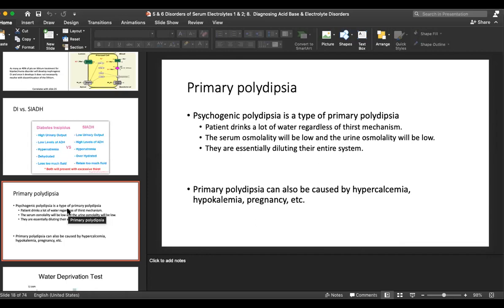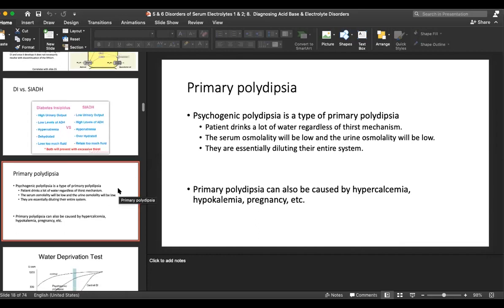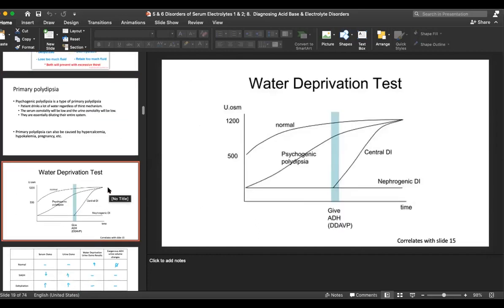So they're diluting everything. Their body is trying to concentrate, but it's having a hard time because there's so much water coming in. It can also be caused by other things like pregnancy, hypercalcemia, hypokalemia. So don't always think it's a psych issue.